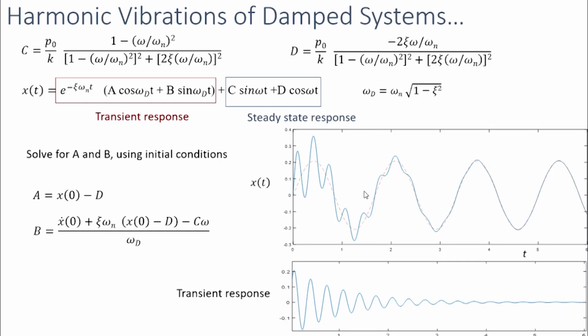And if you look at the total solution, initially it will vary like this. It is the sum of the steady state response and this transient response. So after some time, as the transient response decays, the total solution will become equal to the steady state response. That's why this part of the solution is known as the steady state response, because that part of the solution remains as long as the force is available.